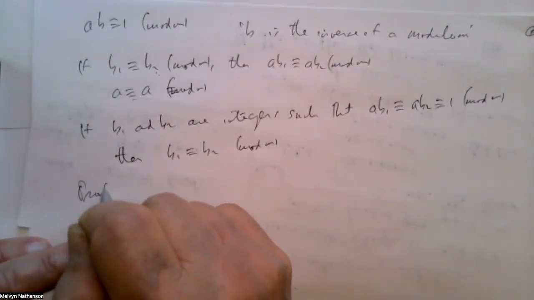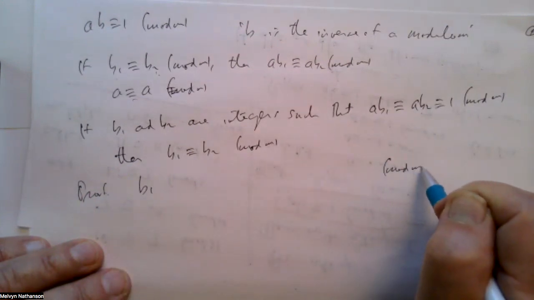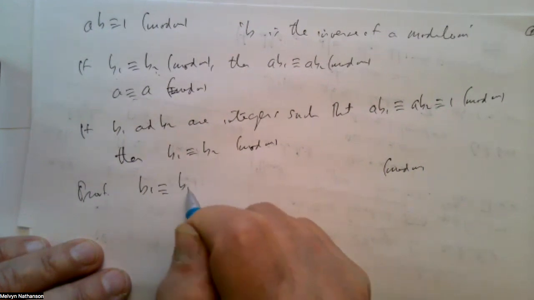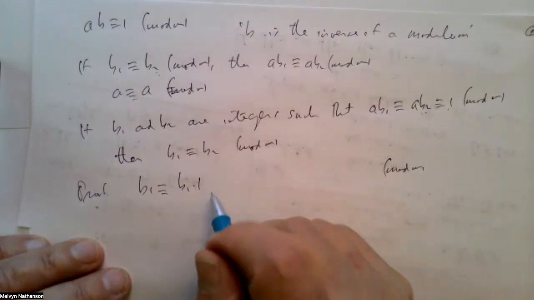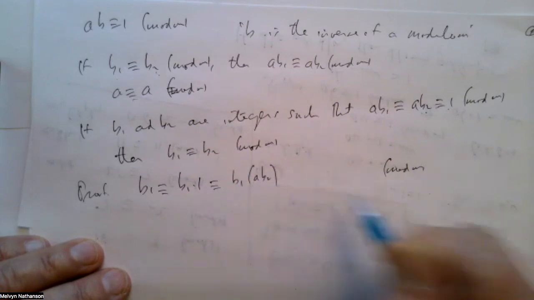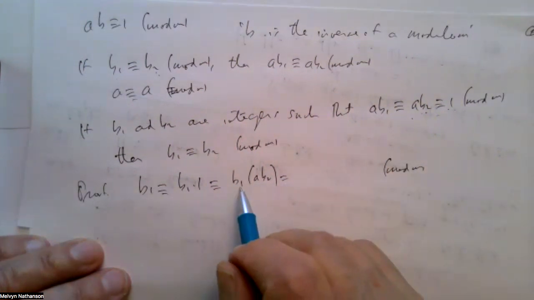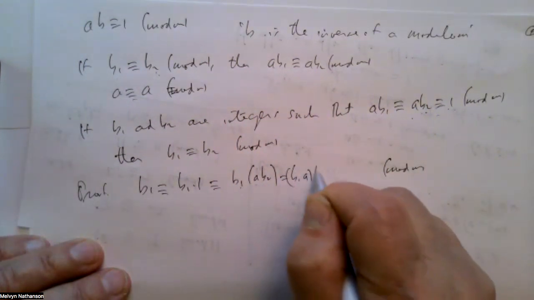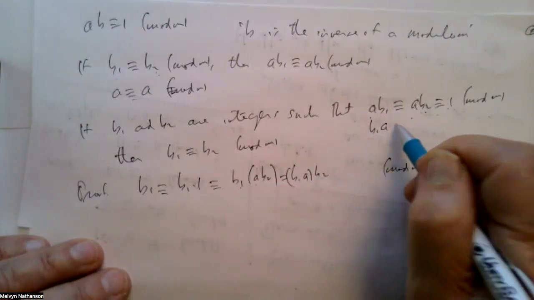And there's a very slick proof of this fact. Proof. I'm going to look at a long congruence mod M. B1 is certainly congruent to B1 times 1 mod M. But 1 is the same as AB2 mod M, because AB2 is 1 mod M, which is the same as B1A times B2 mod M. And AB1 and B1A are the same integers.